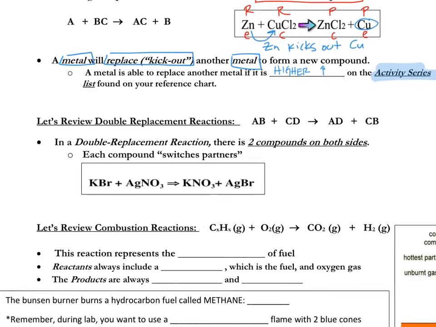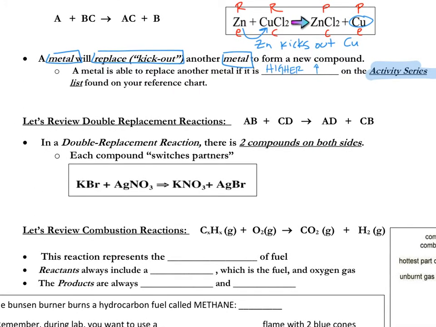Let's take a look at our double replacement reaction. So here I've got two compounds on both sides, and each compound switches partners with the other. So there's not one reactant, there's not one product, but I do have a compound, a compound, a compound, and a compound.